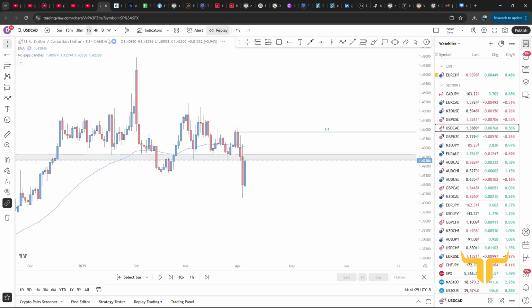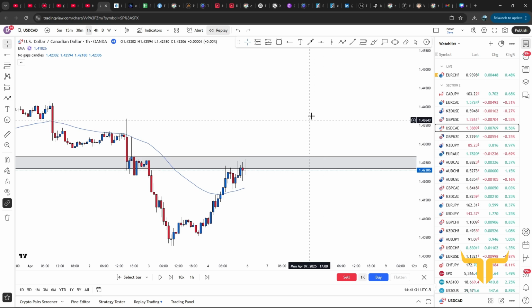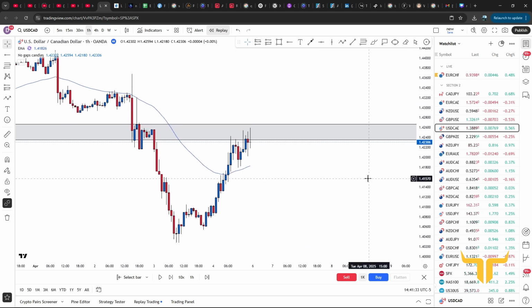Then I would go down to the 1 hour. On the 1 hour, since the weekly, daily, and the 4 hour are all bearish, the 1 hour, as you can see, is making higher highs, higher lows. I don't want to get in when the 1 hour is making higher highs and higher lows. Why? Because the weekly, the daily, and the 4 hour are making lower lows and lower highs.